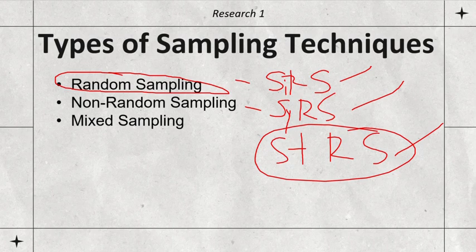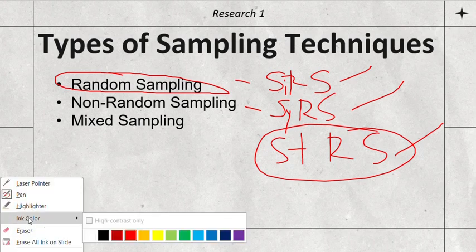And when we say stratified random sampling, it means that you will have a subgroup, and then on that particular subgroup, you will have a random selection of the respondents. Okay. So for random sampling, we have simple random sampling, systematic random sampling, and stratified random sampling.